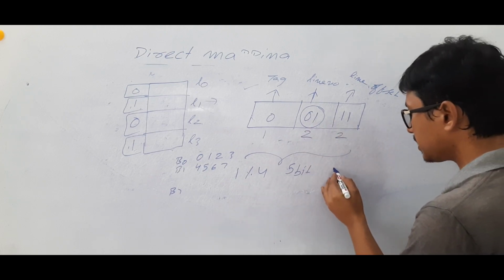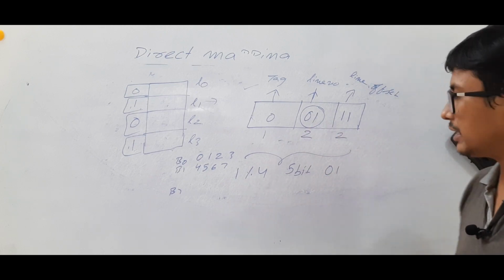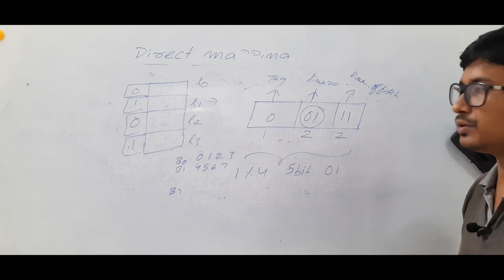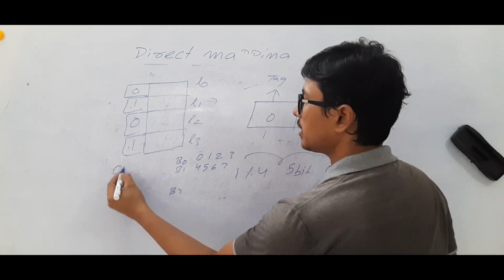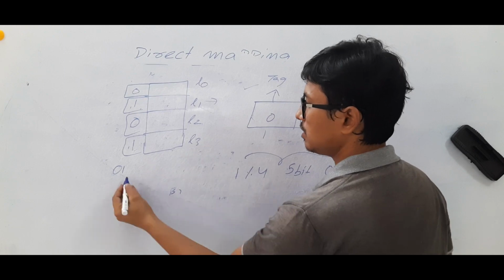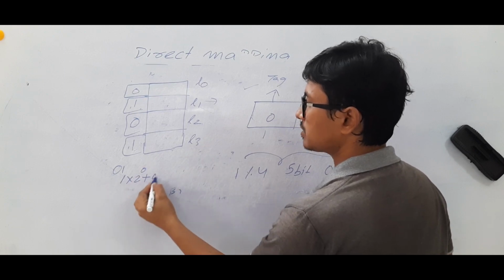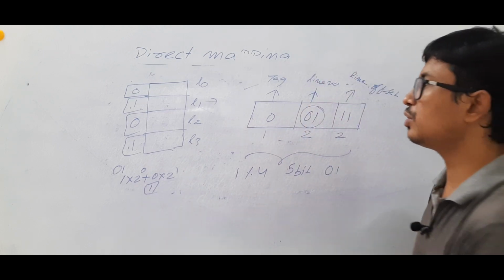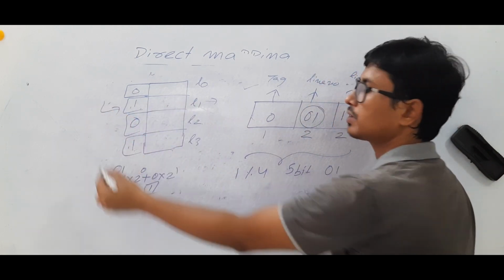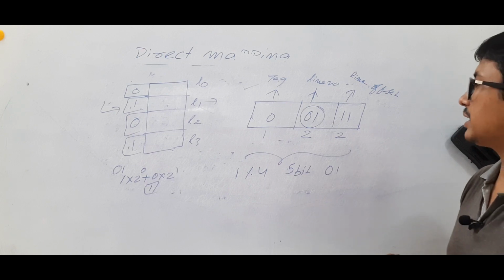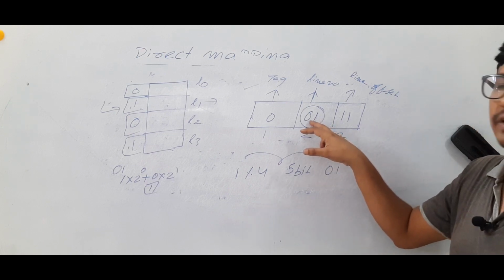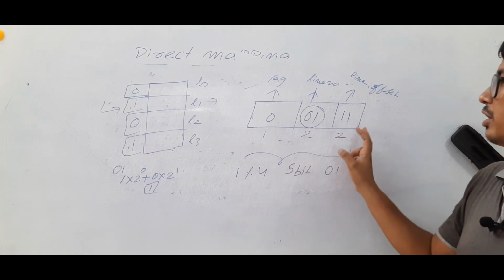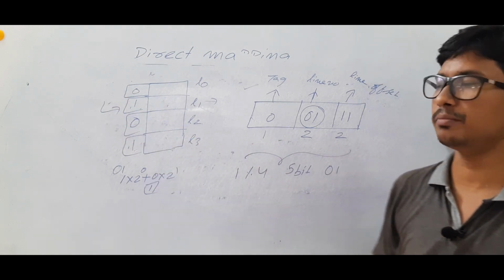What is the line number? 0, 1. What is the meaning of 0, 1? If you convert into a decimal number, 0, 1 can be represented as 1 into 2 power 0 plus 0 into 2 power 1, which is equal to 1. So you need to go to line number 1. Are you able to understand? So the line number is 0, 1 for word number 7, so it is line number 1.